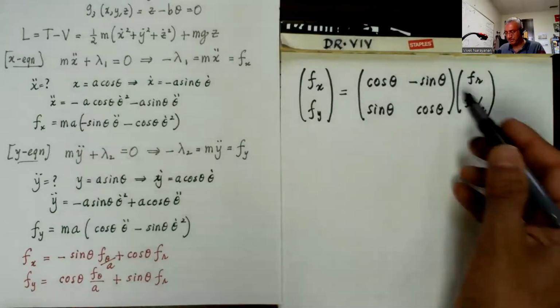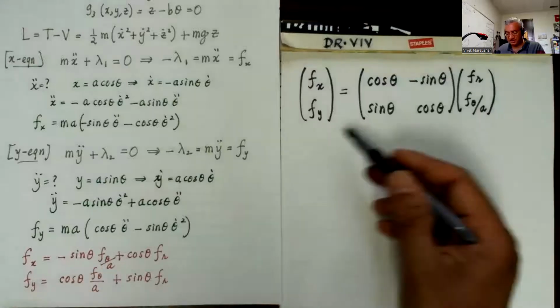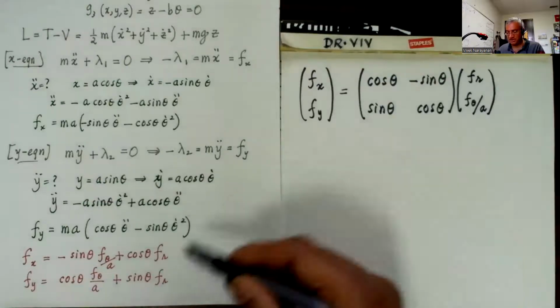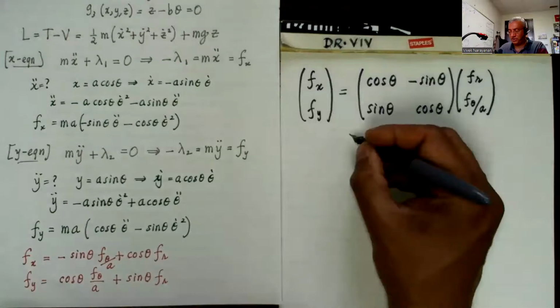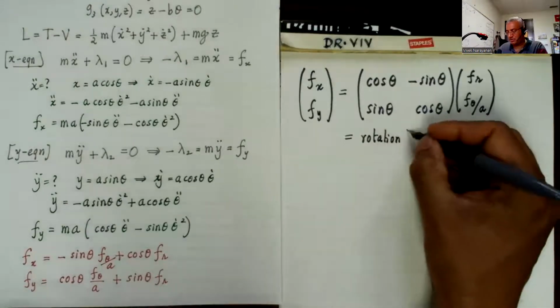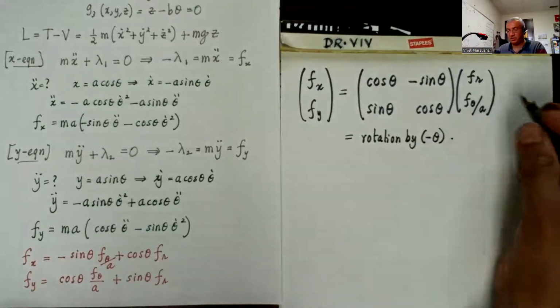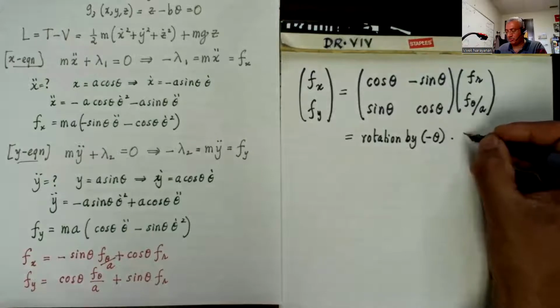Fr times cosine theta minus sine theta times, so that gives you the first equation, and then the second equation is got like that. So this is just a rotation by minus theta times the constraints in the polar form.